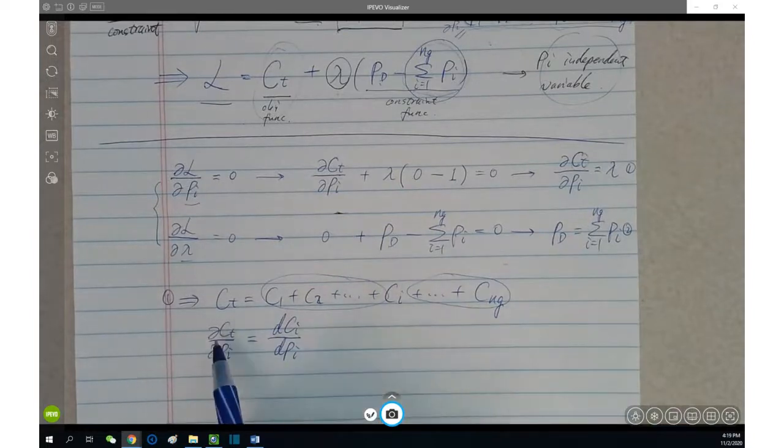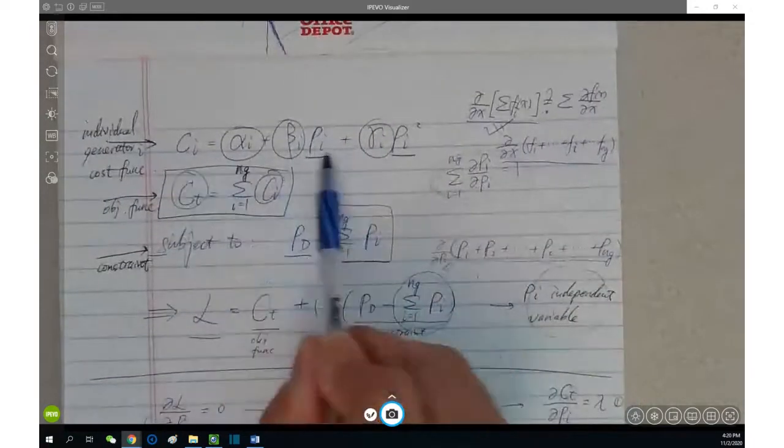So the partial derivative of the summation here with respect to pi is nothing but equal to the derivative. Okay, it's not partial anymore. Why is it not partial anymore? Because Ci has only one independent variable, which is pi itself. It has no other independent variable, right? So it's a derivative. And therefore, the derivative of Ci equals what? Ci is here.